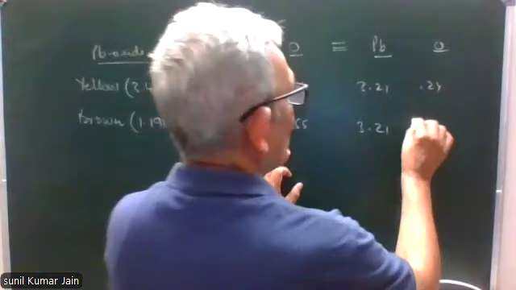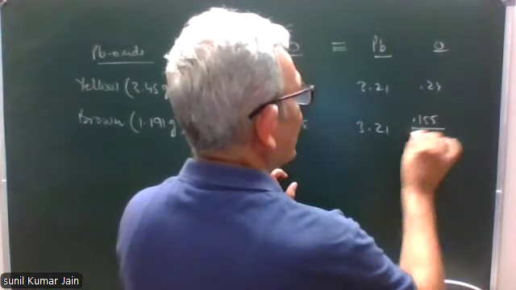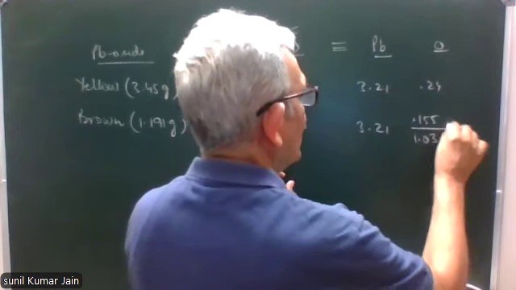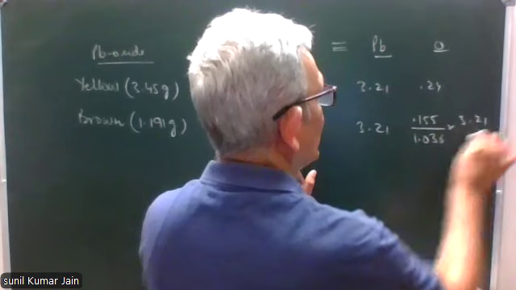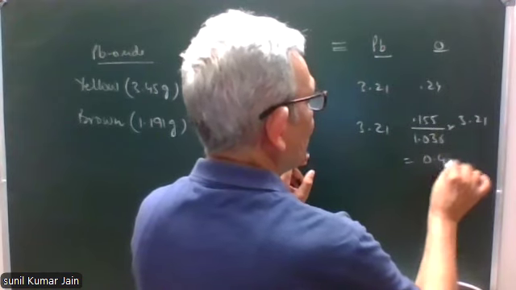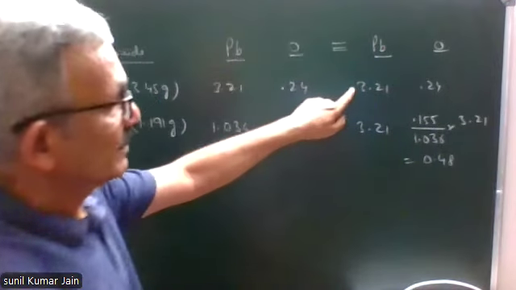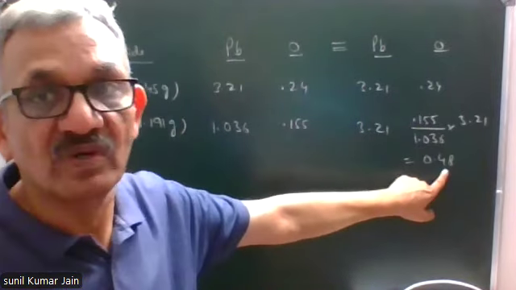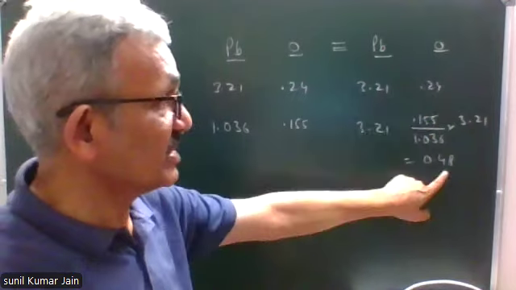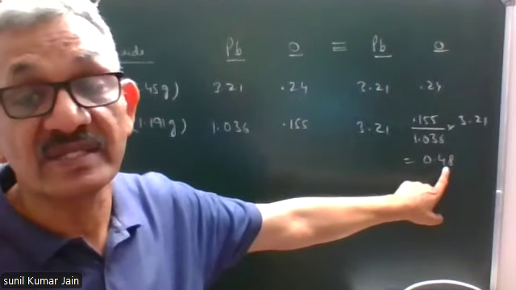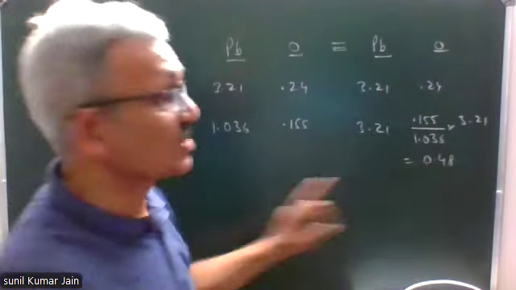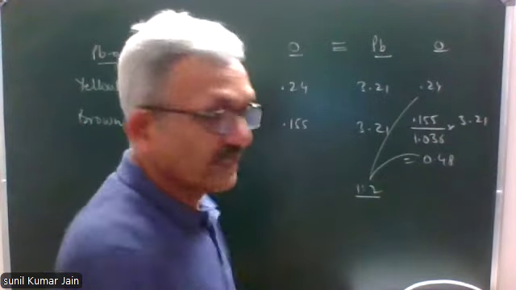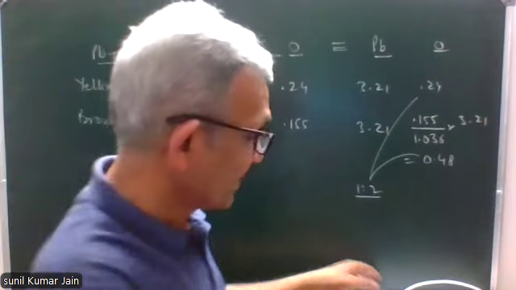So this will be 0.155 divided by 1.036 into 3.21. This will come out to 0.48 gram. Now, same mass of lead combines with different masses of oxygen. Now, ratio of these different masses of oxygen is a simple whole number ratio, that is 1:2. Ratio is 1:2, and therefore it proves the law.